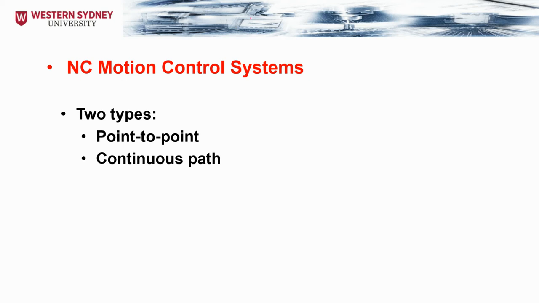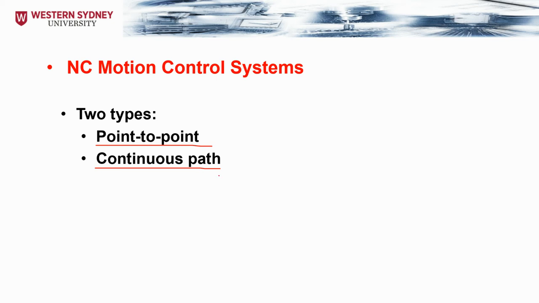The motion control system we have in numerical control is going to be done either as point-to-point or as continuous path. For example, point-to-point is used if we're going to do a drilling operation or spot welding.